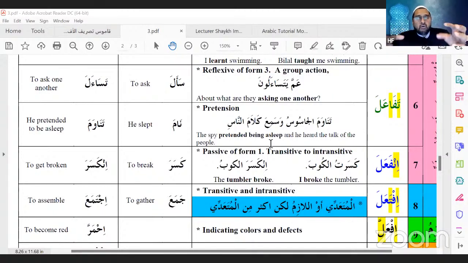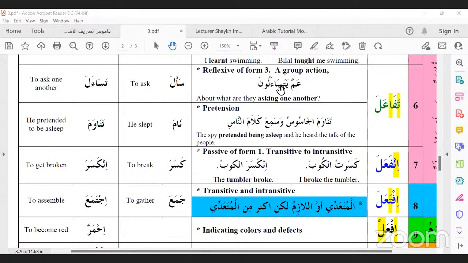Sa'ala yusa'ilu, form 3, is reciprocal between two individuals. But in tafa'ala yatafa'alu, more individuals are involved. But even for sa'ala, if we have the plural form, it will be more individuals.